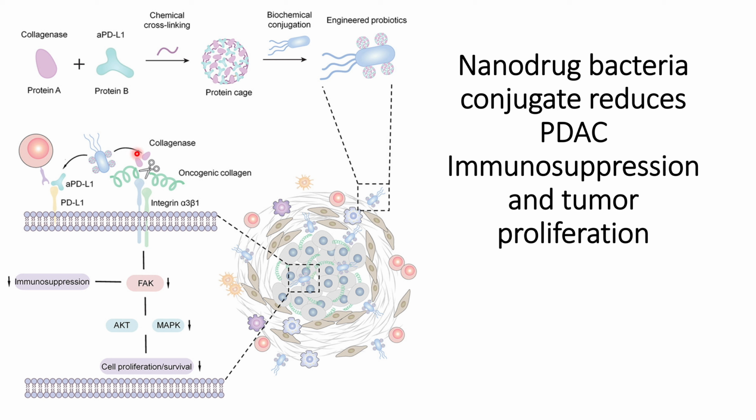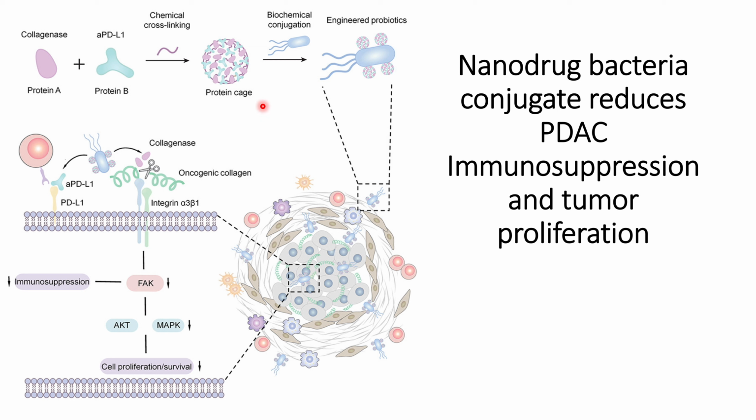And the other thing, collagenase, will digest the oncogenic collagens, and that will lead to the inhibition of immunosuppression and cell proliferation. And once the immunosuppression and cell proliferation are reduced, the immune system can come and act against these tumor cells.